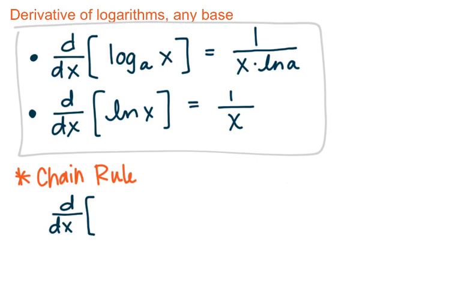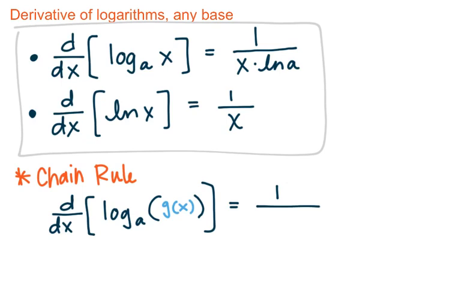If I had log base a of some function, we'll call it g of x, where g of x represents what's on the inside, then applying our rule, that would be 1 over the argument, which is g of x, times the natural log of that base a.